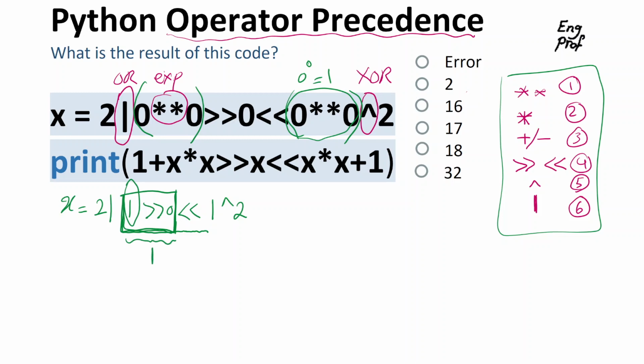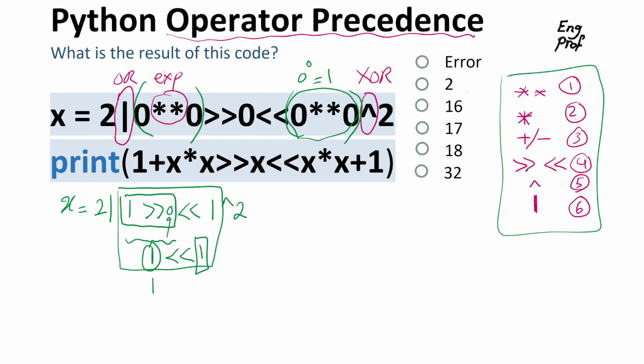The outcome of 1 bitwise shifted to the right by 0 bits is of course 1. Now the next step is to take 1 and shift it by 1 bit. So 1 becomes 10 because we shifted 1 bit. As a result, it becomes 2.